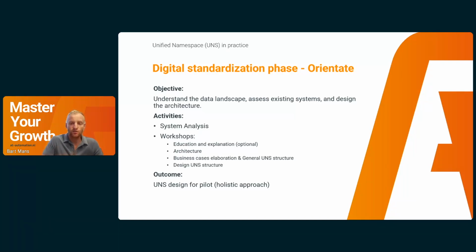For instance, they have a motor failure, and they can use the UNS because it has data from the ERP system, from the PLC, from the SCADA, from the MES, and all of that. They can go back in time, let's say half a year, and look at a snapshot of the entire factory from half a year ago. Based on that, they can find patterns, or understand why the machine broke down.